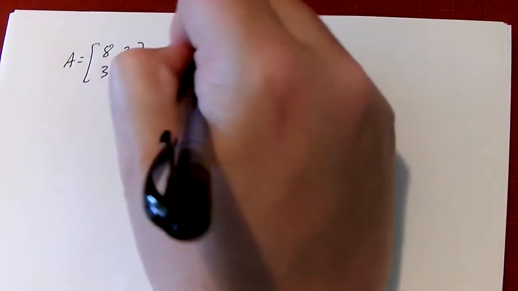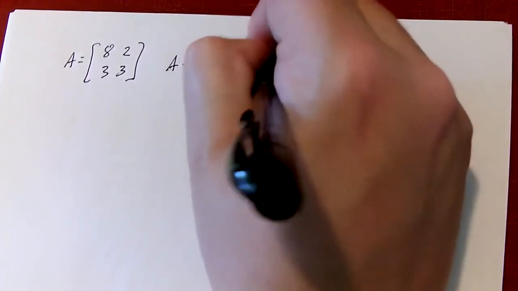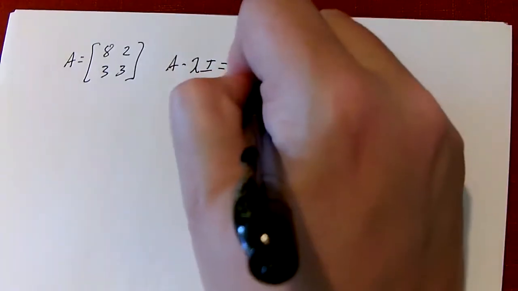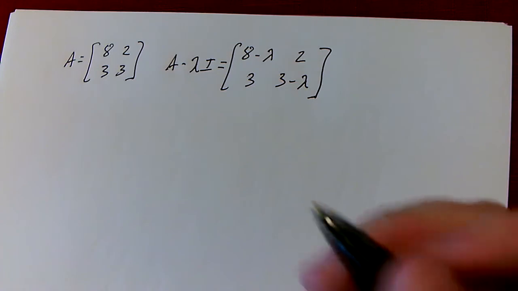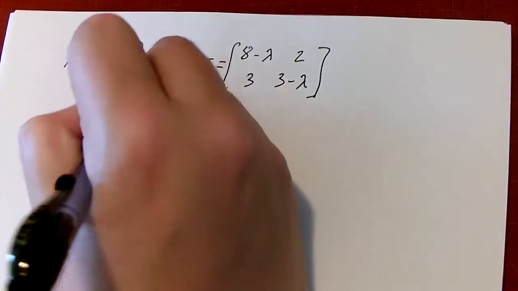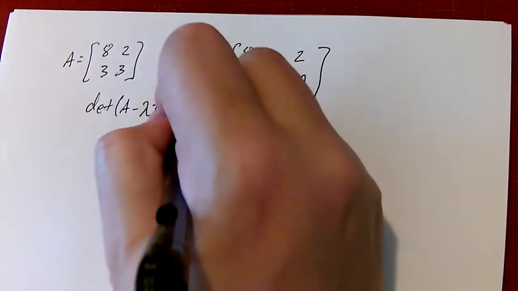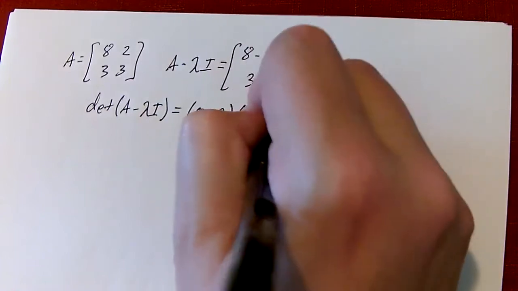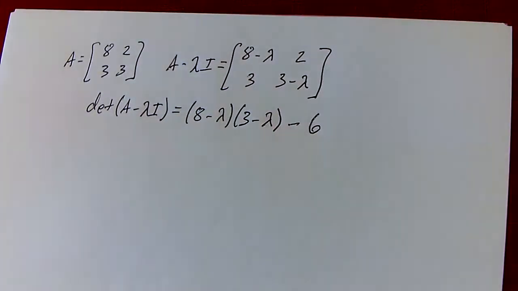So again, I'm going to do A minus lambda I. I'm going to have 8 minus lambda and 3 minus lambda, and keep the off diagonal the same, 2 and 3. I'm going to take the determinant of A minus lambda I. That's going to give me 8 minus lambda times 3 minus lambda, minus 3 times 2 is 6.